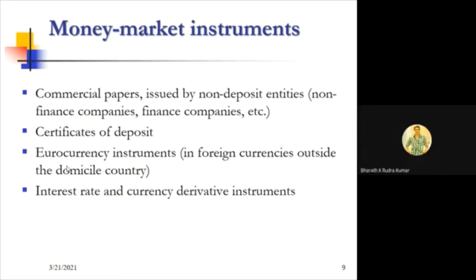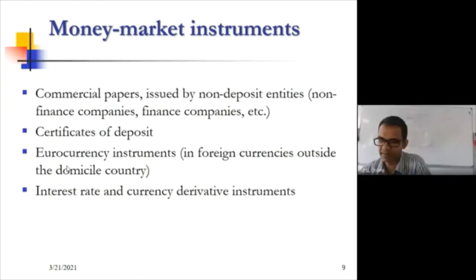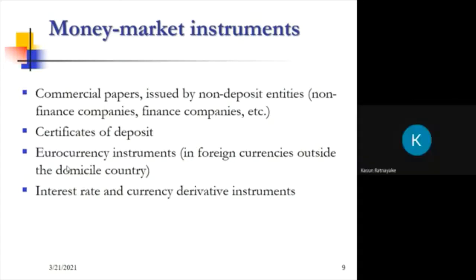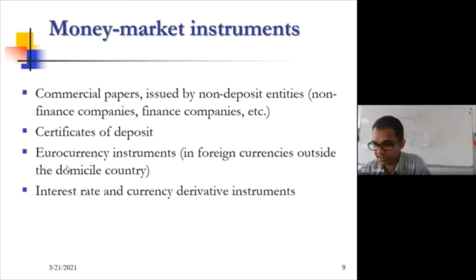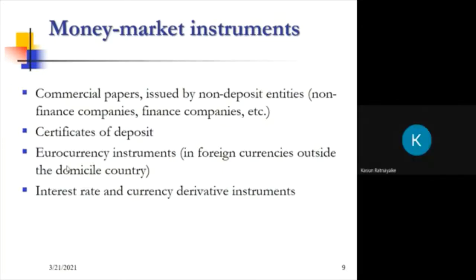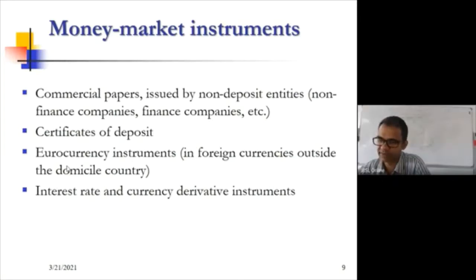The instruments which are used in European countries in the money market. Basically, an instrument denominated in a currency other than euro. No, but other than home currency, right? Yes, other than home currency or home country.